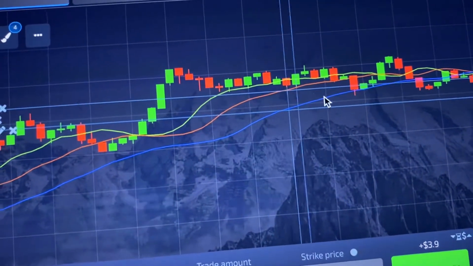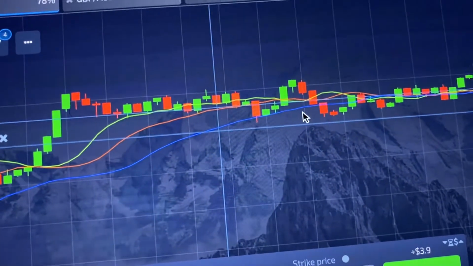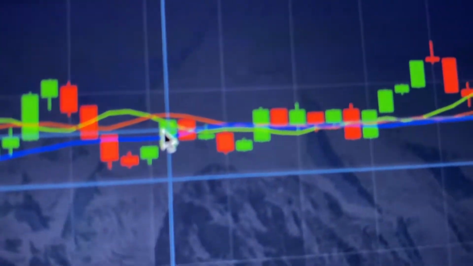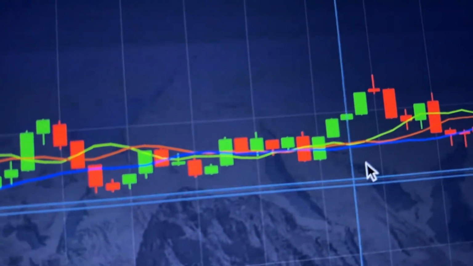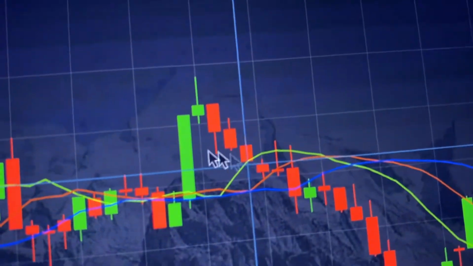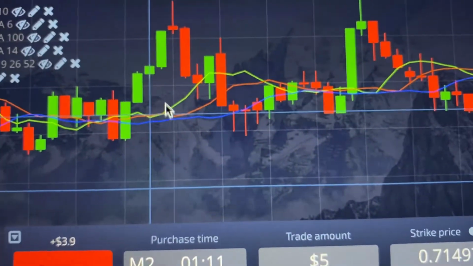See how they're getting closer together? That's because the trend is ending. See how it's just muddy? See how the lines are just zigzagged on each other? Just zigzag cross, right? And this is how you know you're in a consolidated market here.